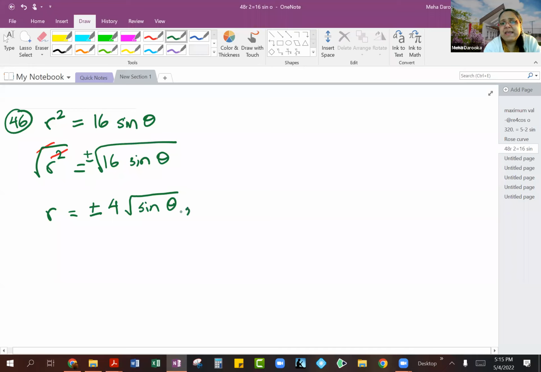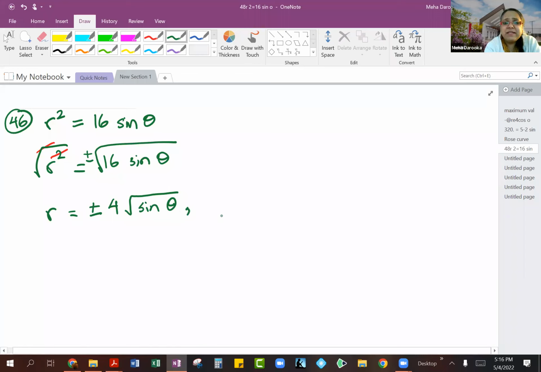So, just to kind of get an idea of what would happen if we just tried to simplify this into r, because you still want to use the same idea of, I'm going to create a table, take my angles from 0 to pi or 0 to 2 pi, pick values for theta, plug it in to find my r values.